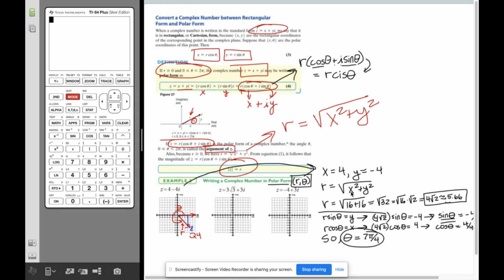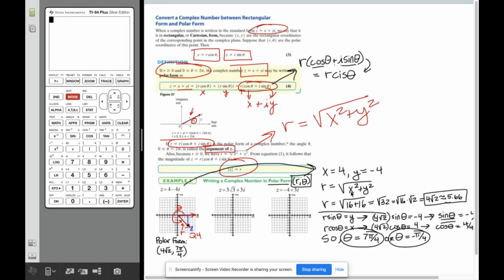If you wanted to, you could also call theta negative pi over 4. It's the same thing, and if you look at the graph that we drew, it would land you in the same place. So finally, after all of that, the polar form of z would be r is 4 radical 2, and theta is 7 pi over 4.